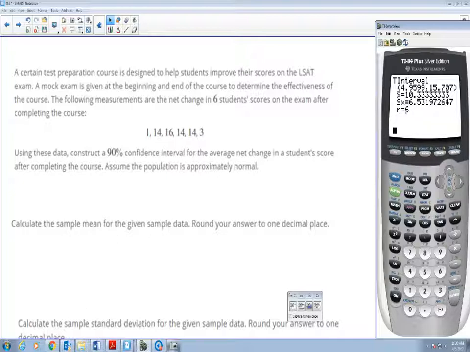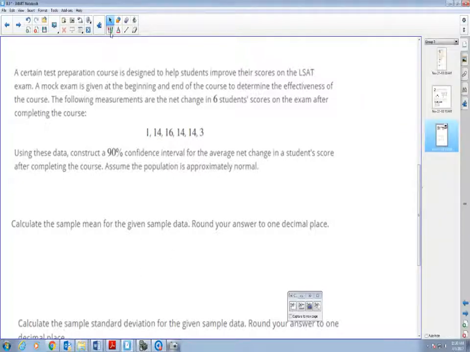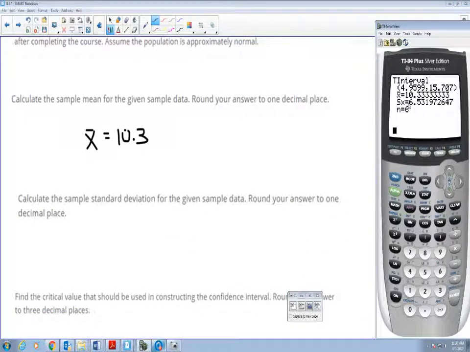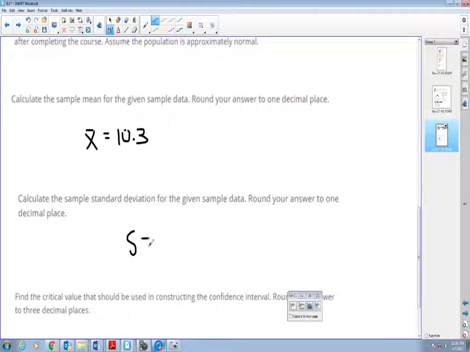So what's my sample mean? 10.3, to 1 decimal place. Calculate the sample standard deviation, rounded to 1 decimal place: 6.5.